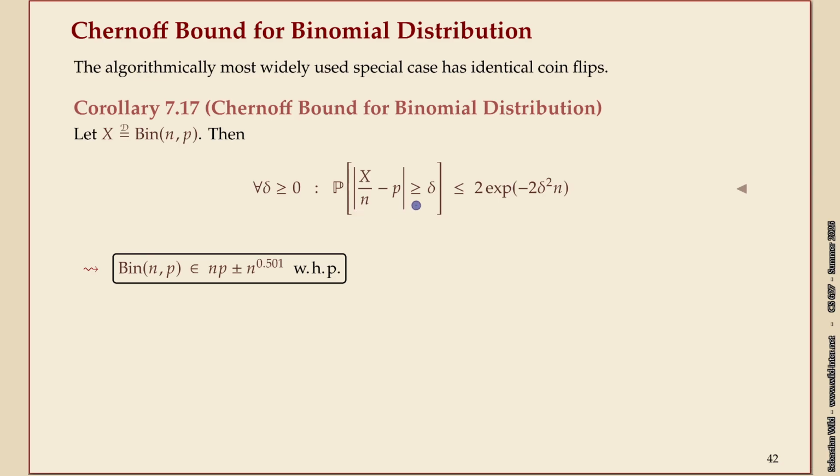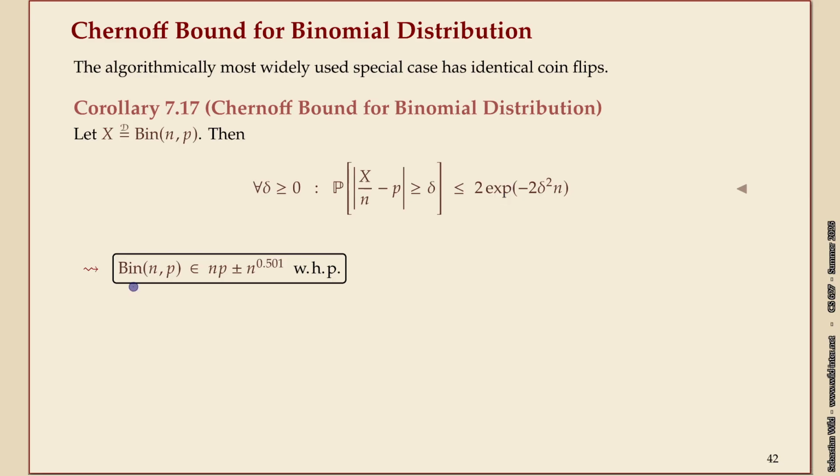So the probability that this difference from the expectation is larger than some constant delta is bounded by an exponential function, and you even are allowed to square the delta in there. But this is x with e to the minus something squared, so this is really, really small. Okay.